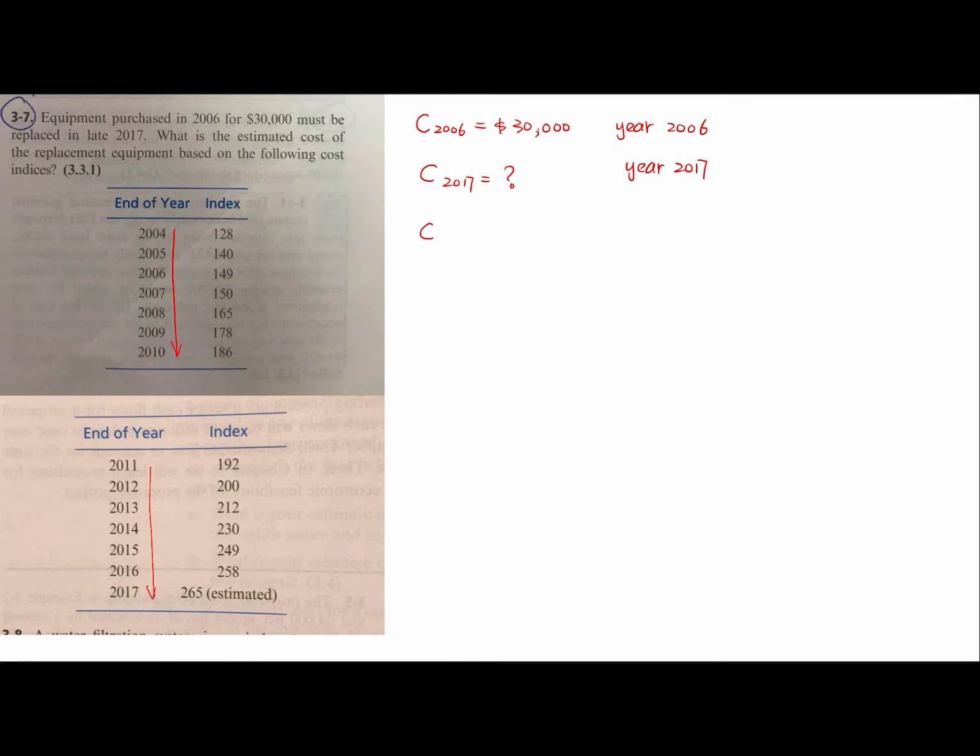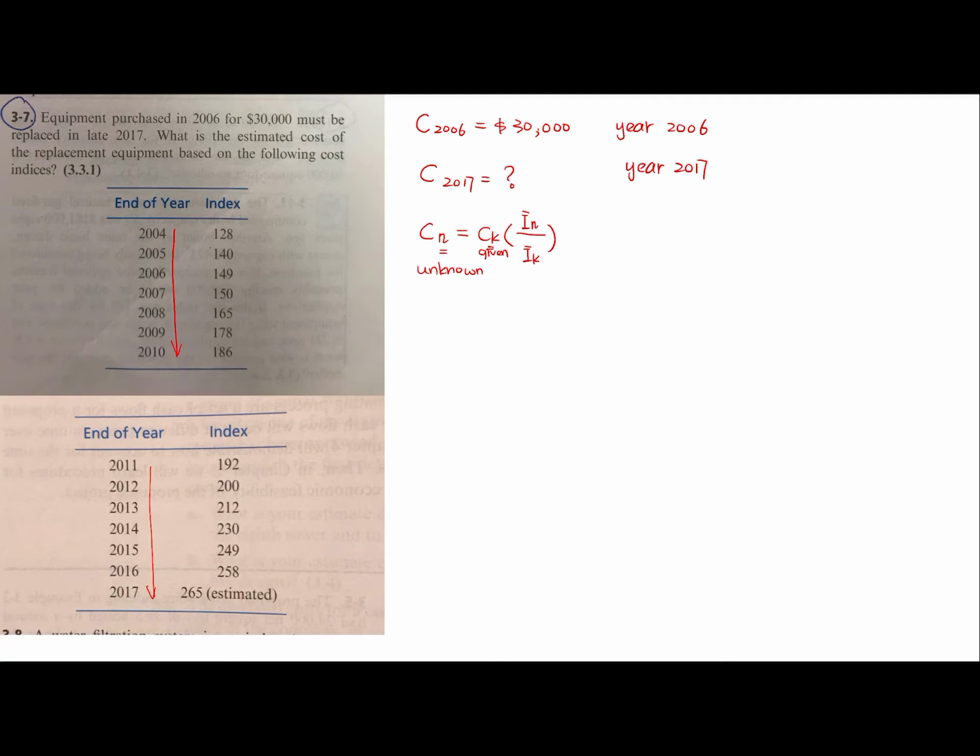We introduced the formula Cn equals Ck times In bar over Ik bar. Okay, and we said this is your unknown price, and this is your given price.